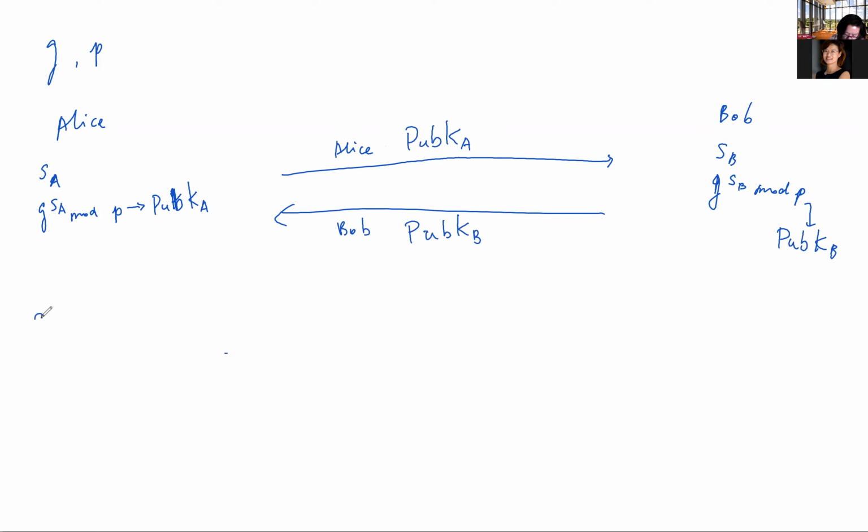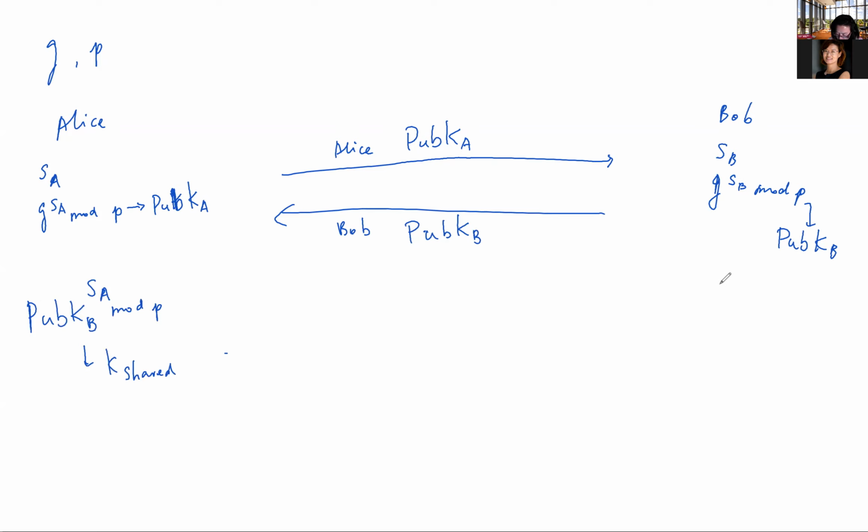And what Alice does is raise Bob's public key to the power of her secret key, mod P. And this will be the shared key. Okay, this will be the shared key.